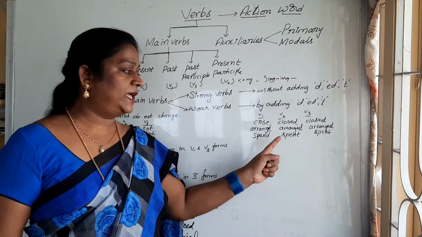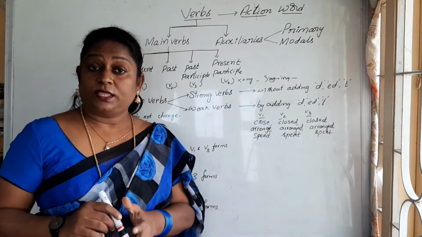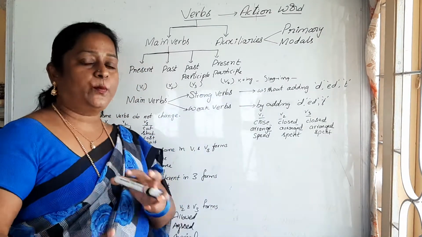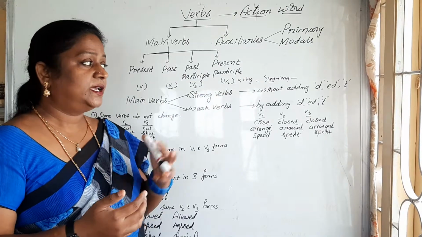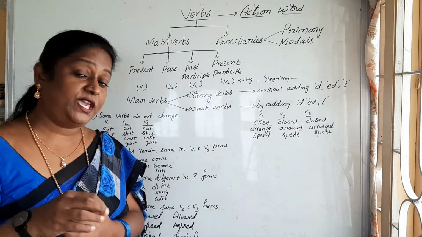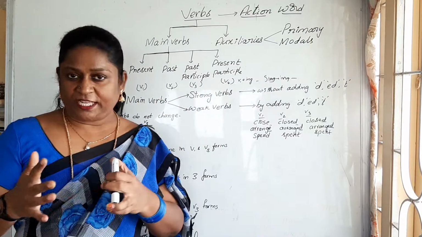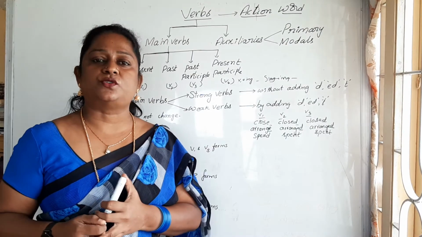Here, it took the help of T to form V2 and V3 forms. The verbs which take support of letters like D, ED or T are called weak verbs. Strong verbs do not take support of any letters, so they are called strong verbs.